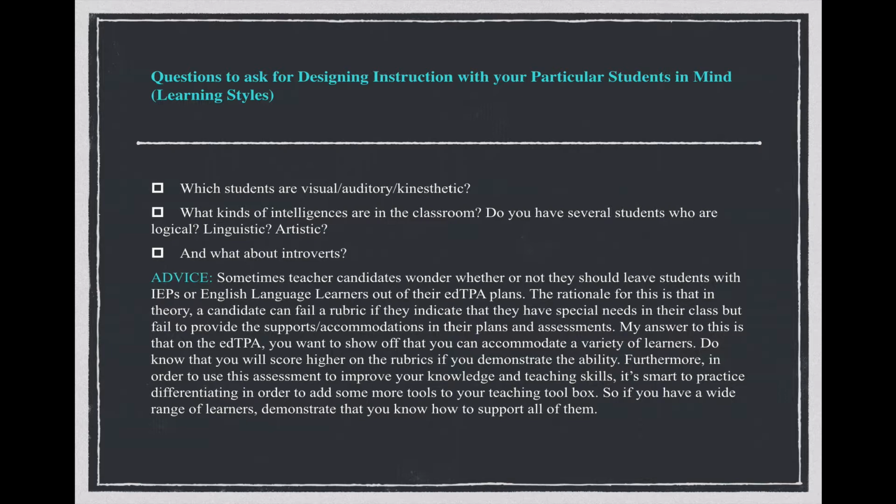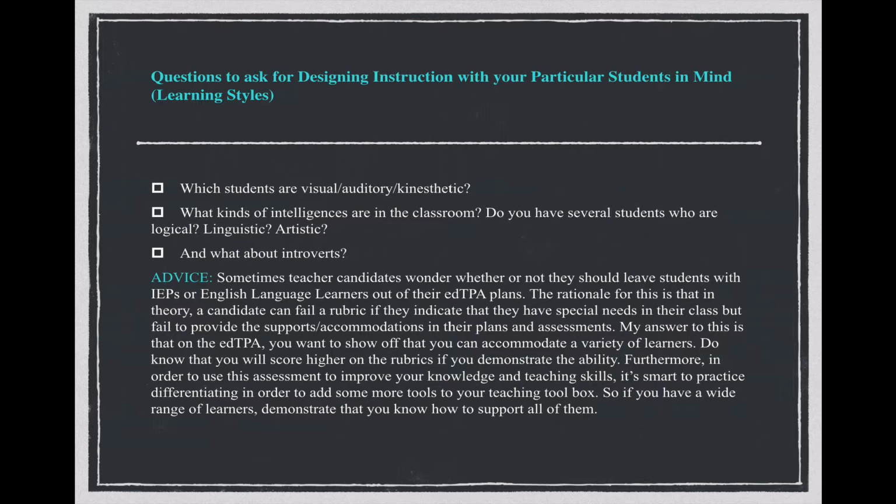And that is true. However, if you play it too safe and you just use focus students who are very similar and you don't really differentiate, you're not showing that you can teach to a variety of students. And you want to be able to do that in the edTPA also, because you're going to score higher on those rubrics.